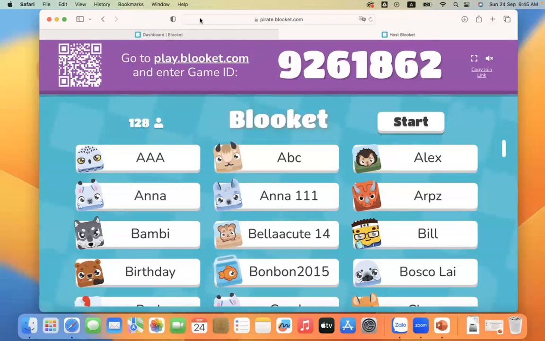Okay, so let's wait a while. Wait for me, please. I will start the game once I see there are participants coming in. Okay, so I shall start the game once it reads 150.